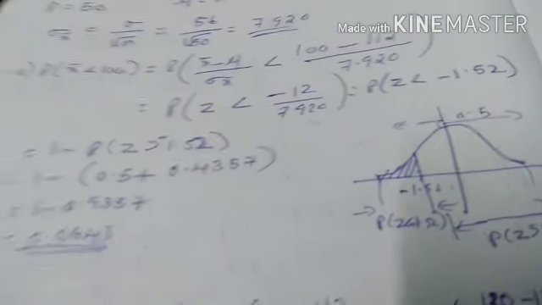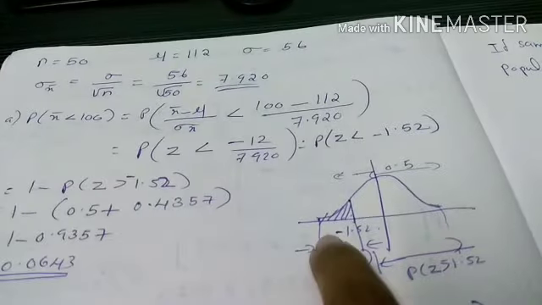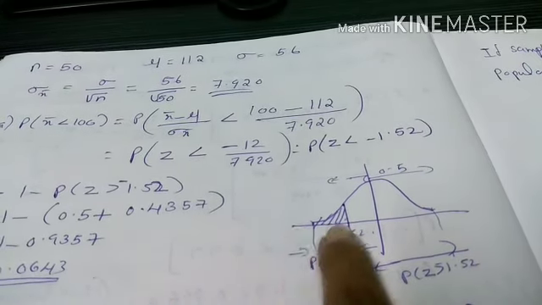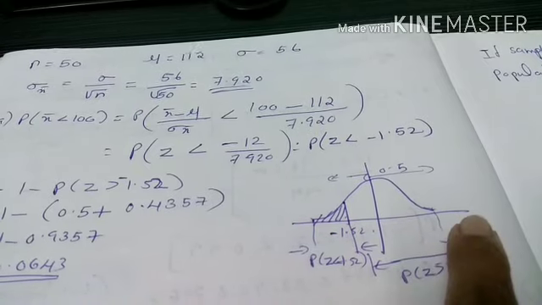Now we have to draw the graph. This is the shaded region we have to find, that is P of z less than minus 1.52. So the whole probability is 1.